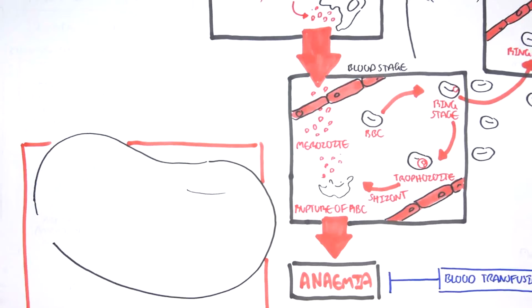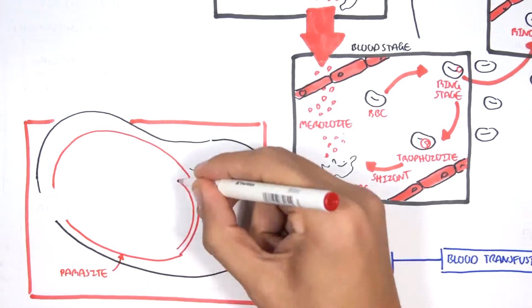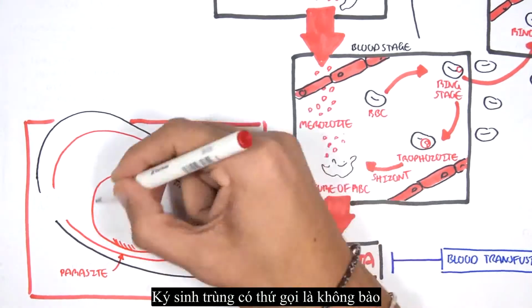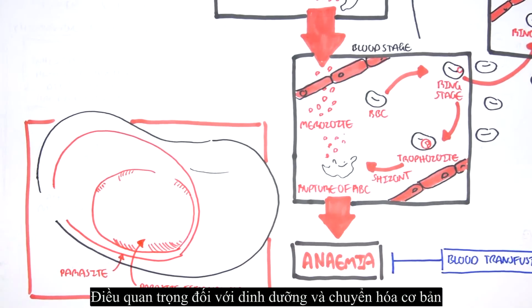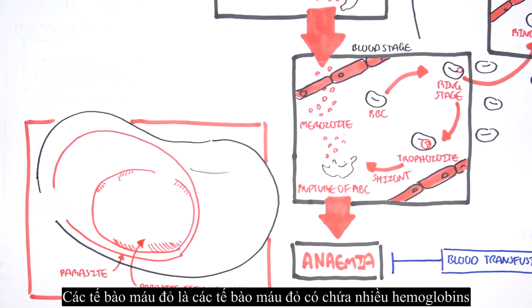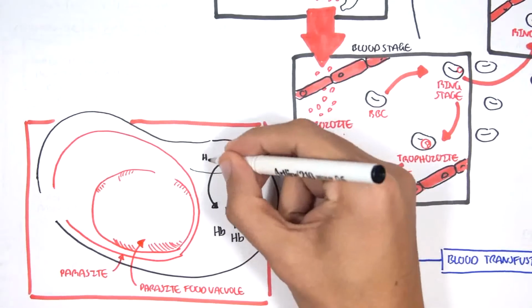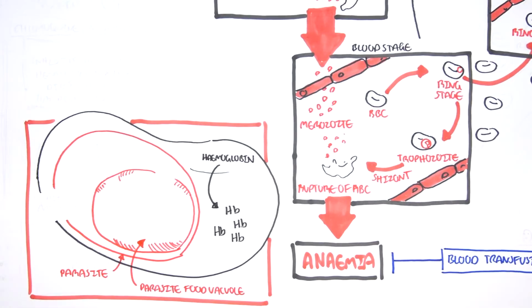So here's a red blood cell, and here is the parasite. The parasite has what's called a vacuole, which is important for basically nutrition and metabolism. Now, red blood cells contain many hemoglobins, and the hemoglobins, as we know, are responsible for delivering oxygen to body tissues.